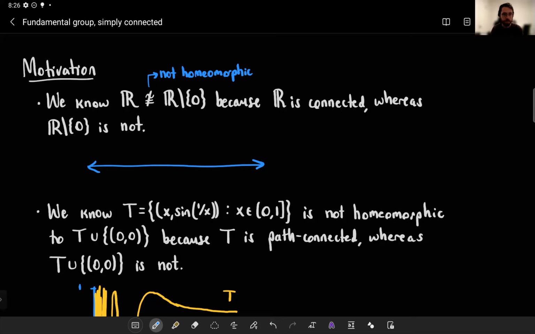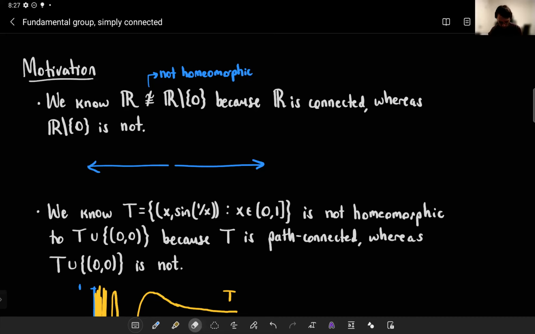Here's R, it's nice and connected. We can prove that if we want to. But if I take away 0, say 0 here, or really if I take away any point, right, I slice that and all of a sudden it's disconnected into a left half and a right half. And therefore they can't be homeomorphic.